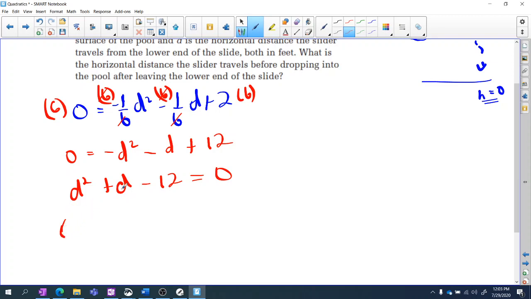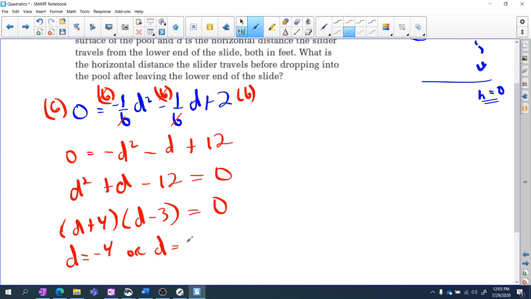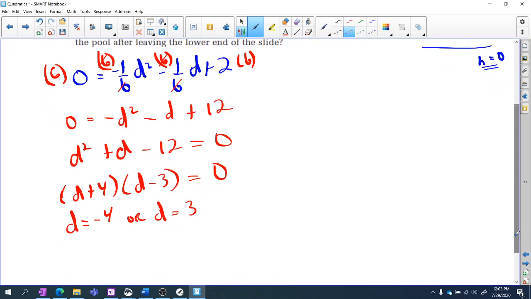So it's going to be, what do I want to use? So I want to use a positive 4 and a negative 3. So d plus 4 and d take away 3 equals 0. So I get d equals negative 4 or d equals 3. Now sometimes with these you'll get, when they have context, the answers may be inadmissible.